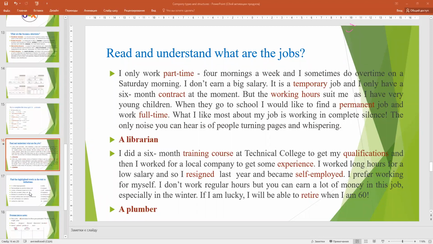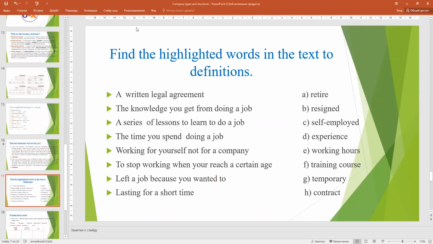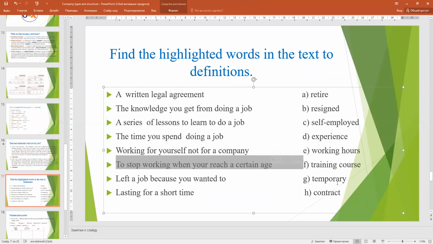Now the next exercise. Match the highlighted words in the text to the definitions. You have to find the definitions of these words in the right column. For example, retire. What kind of definition best matches this word? To stop working when you reach a certain age.